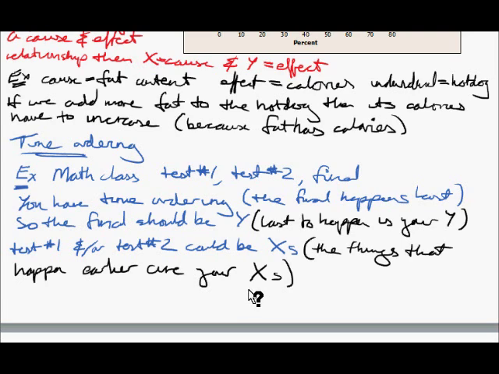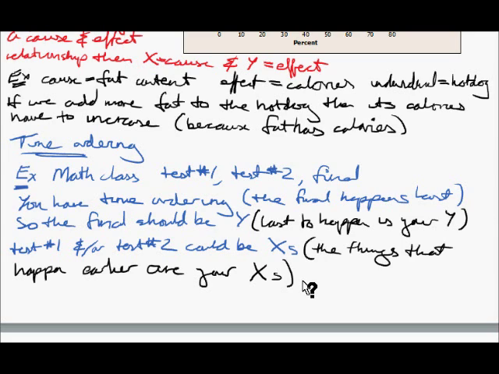But the final can't go back in time and affect test 1 and test 2. They've already happened, right? So that's the idea here. If you have time ordering, the last thing to happen in time will be your y. Things that happen earlier are your x's, because you might have a cause and effect. And if there is cause and effect, then the things that happen earlier, your x's, can affect the thing that happens last, your y.